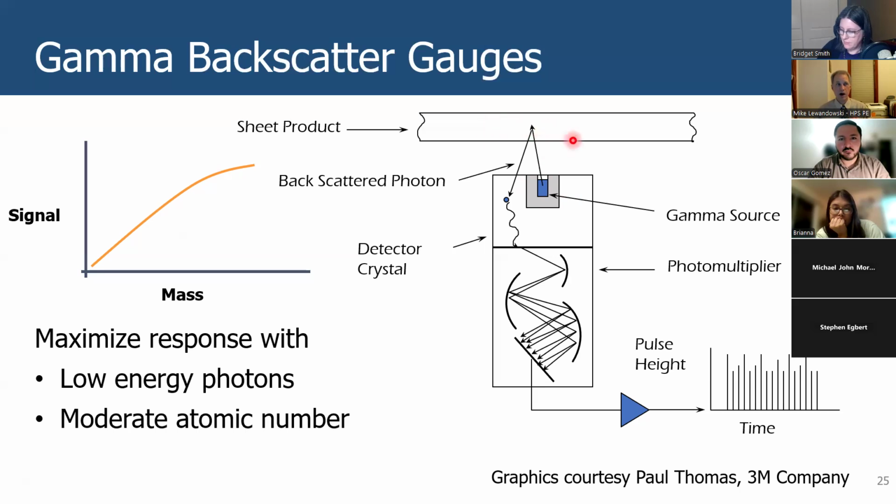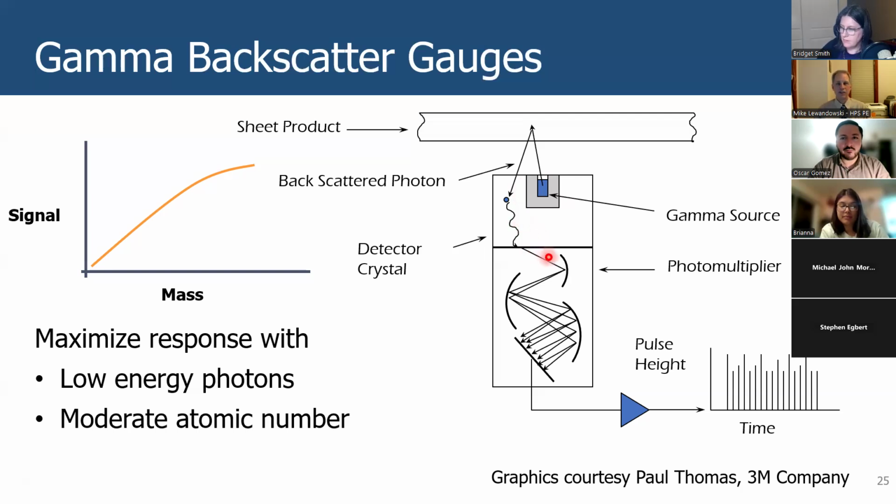If we're measuring moderate atomic numbers, we will actually get a relatively large number of photons back scattered, intercepted by the scintillator, converted from photons that we can't see to photons that we can. So blue light, or in some cases, some ultraviolet.